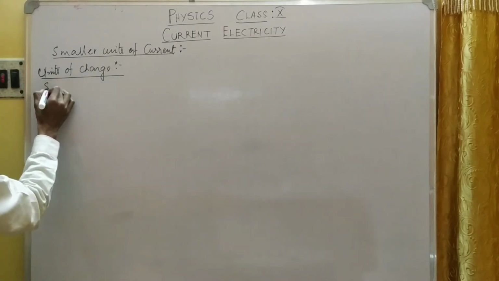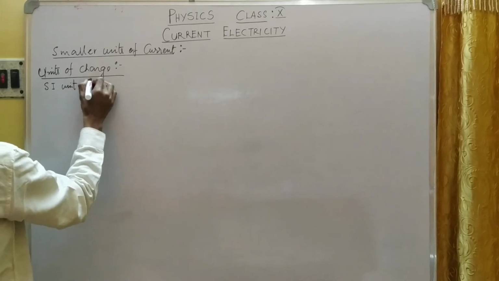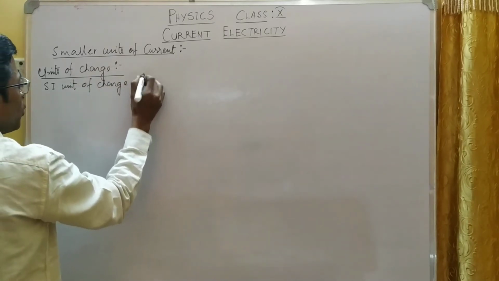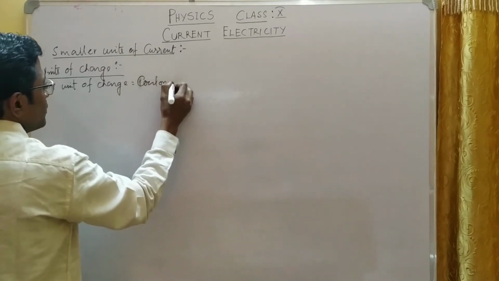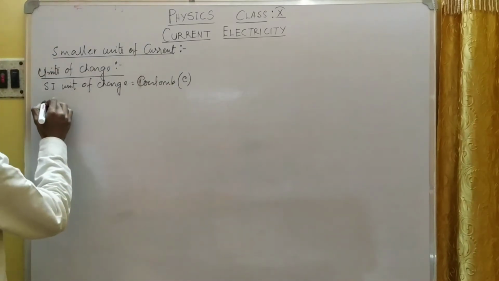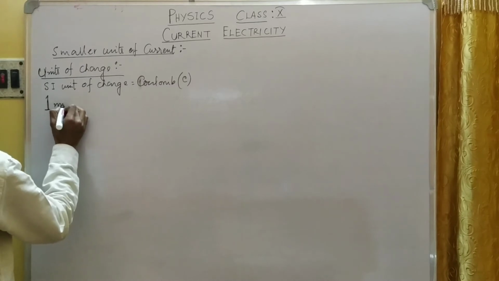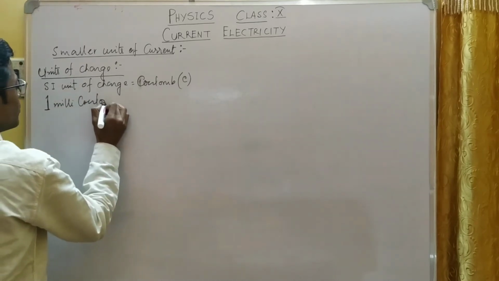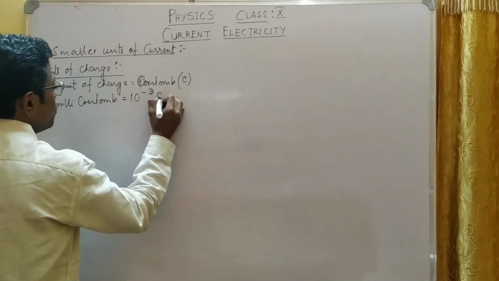Remember, the SI unit of charge is coulomb, and it is denoted by C. So the smaller units: 1 millicoulomb is equal to 10 to the power minus 3 coulomb.